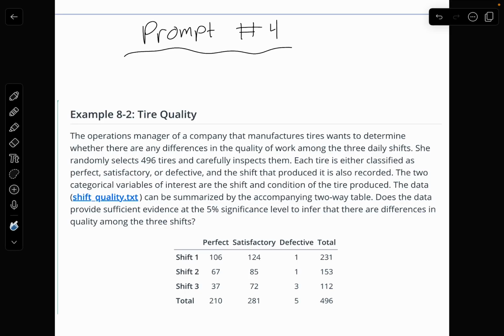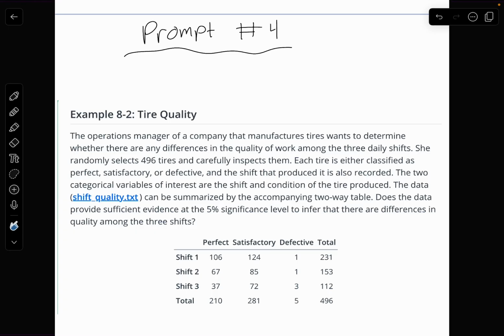The operations manager of a company that manufactures tires wants to determine whether there are any differences in the quality of work among the 3 daily shifts. She randomly selects 496 tires and carefully inspects them. Each tire is classified as perfect, satisfactory, or defective. The shift that produced it is also recorded.